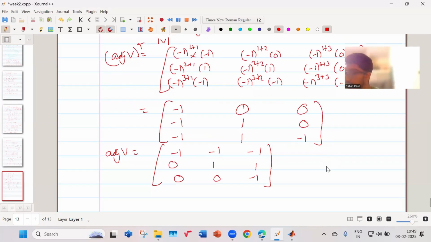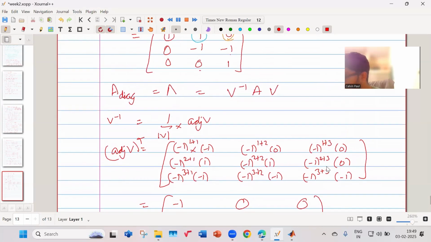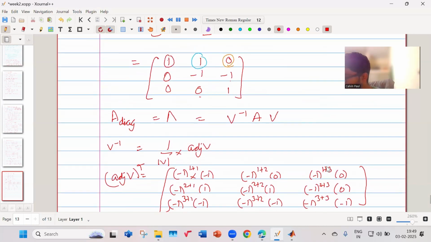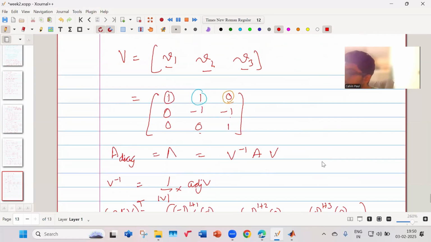So now, what do we have to do? Now we have all this information. How do we proceed? V inverse is 1 upon determinant of V into adjoint of V, right? So what is the determinant of V? It is 1 into minus 1 into 1, so minus 1, and minus 1 into 0, 0 into 0.